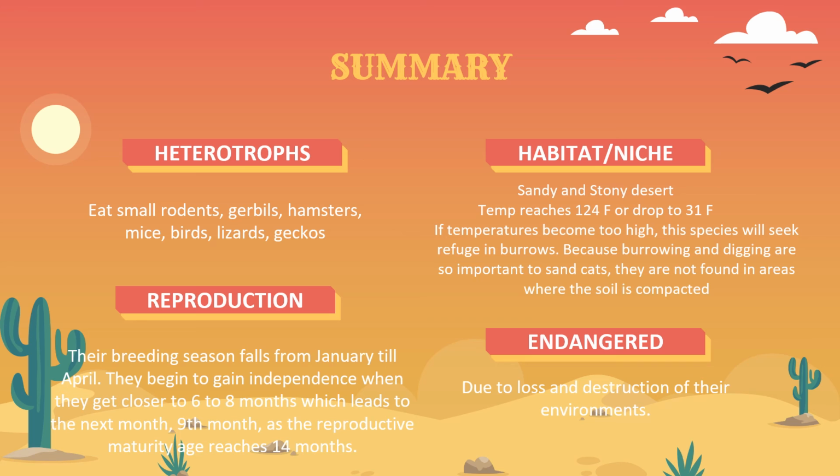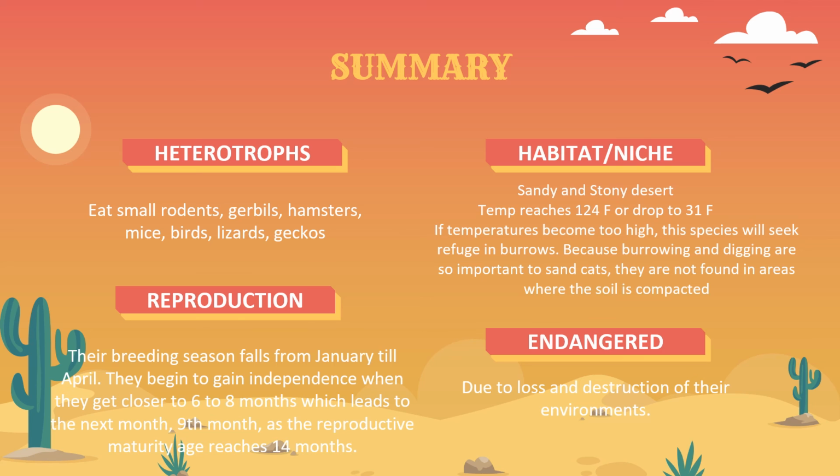The main con is that they will go many months without drinking water or having any liquid in their system. Therefore, the quote-unquote water that they do intake comes from the other organisms that they prey on. They're sand-dwelling animals that live in harsh conditions like dry plains and rocky valleys. The temperatures of the day can actually reach up to 124 degrees Fahrenheit, which is equivalent to 51 degrees Celsius, and could drop to 31 degrees Fahrenheit, which is equivalent to negative 0.5 degrees Celsius at night.